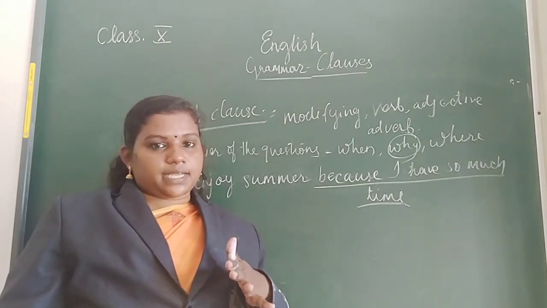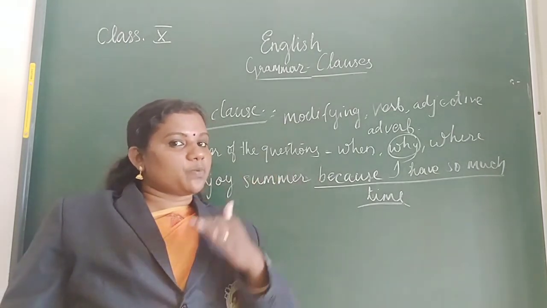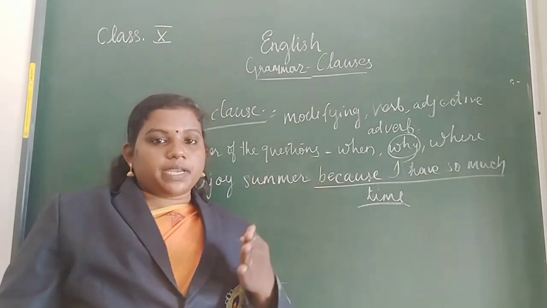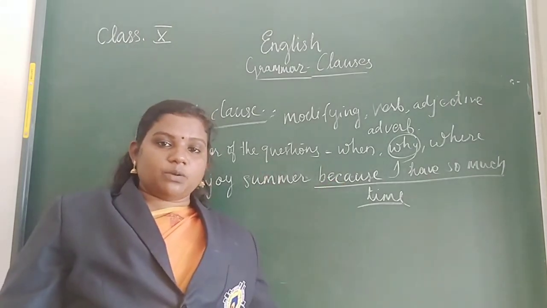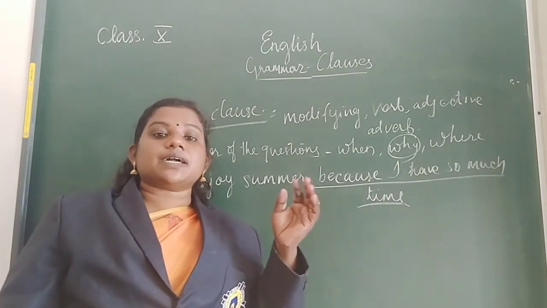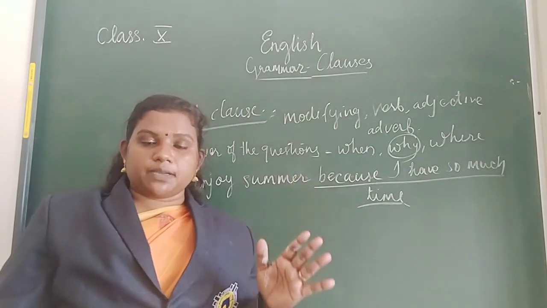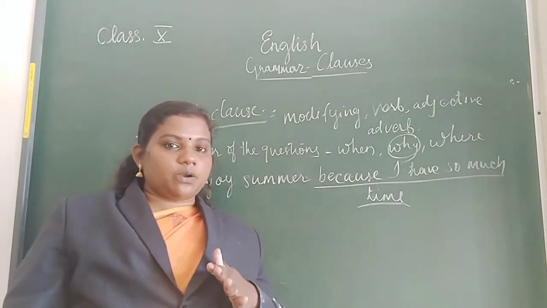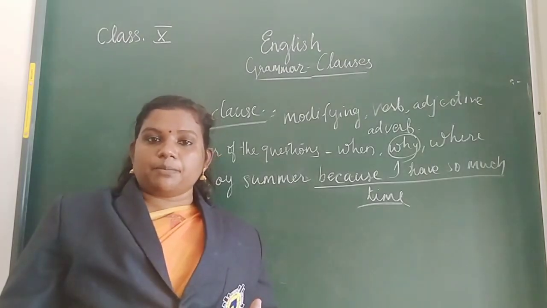subject and predicate, and we have seen what is the subject and what is the predicate. Then we have seen clauses can be divided into main clauses and the subordinate clause. Main clause is giving a complete thought or complete meaning. It is independent. Subordinate clause is not giving a complete meaning.